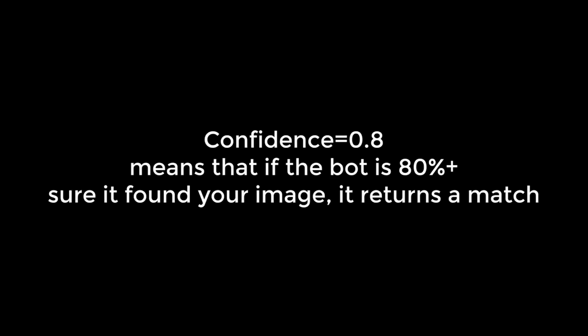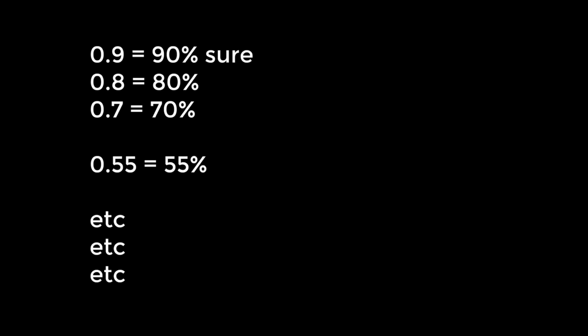When the bot looks at the screen, it checks every pixel and gives a percentage chance probability of finding a match to the image you're asking it to search for. By default, pyautogui only gives an output when it's 100% sure of having a match, but by using confidence 0.8, we tell it that if it's 80% sure or more to have found the image, it finds it. You can of course adjust the value to whatever you need.